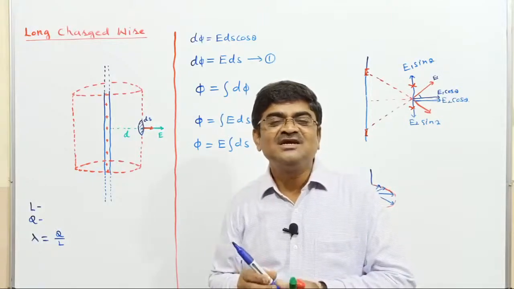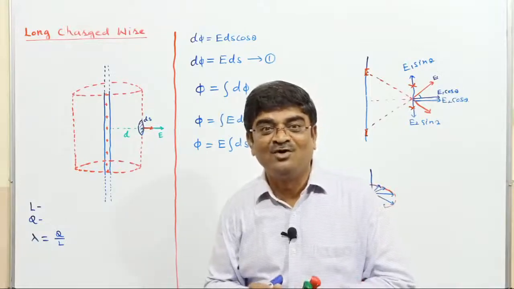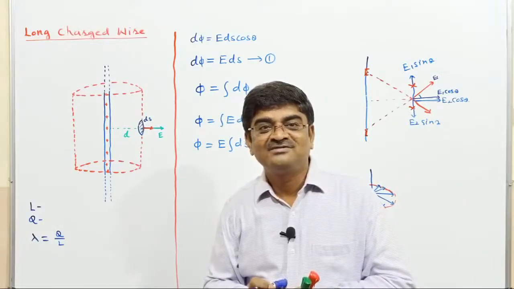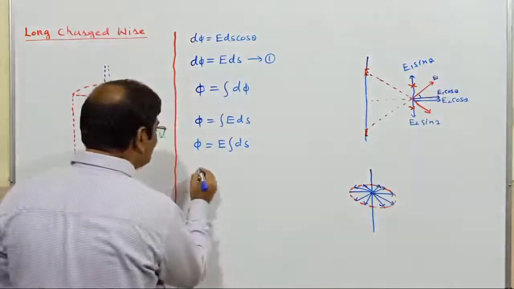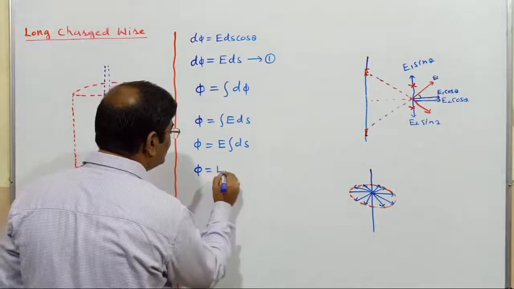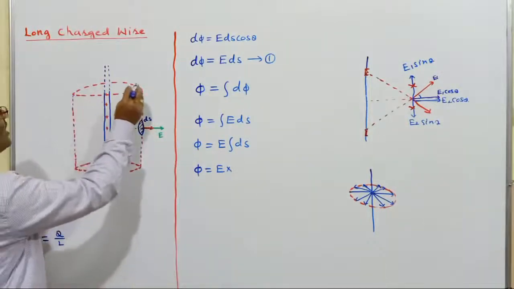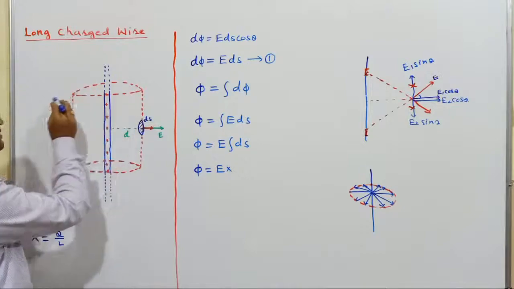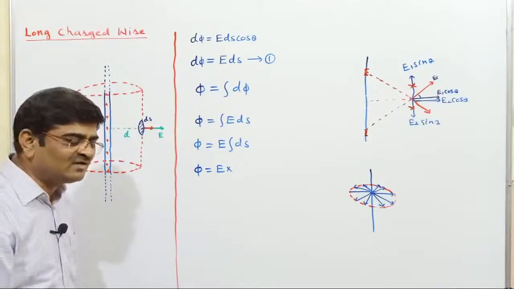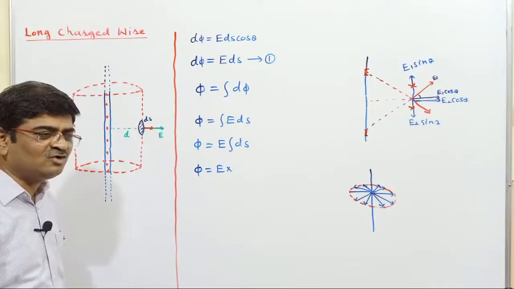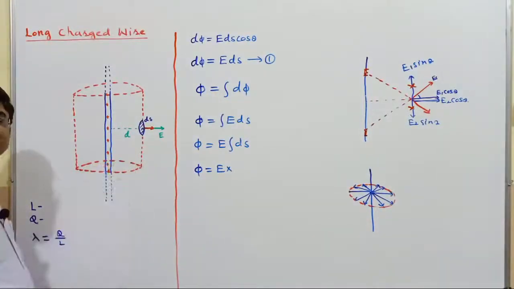What you get is the curved surface area of the cylinder, and hopefully you all know the curved surface area of the cylinder. That gives φ equal to E into, the radius of this cross section of the cylinder is equal to this distance, because to calculate the surface area I need to know the radius of that cylinder. d I have got.